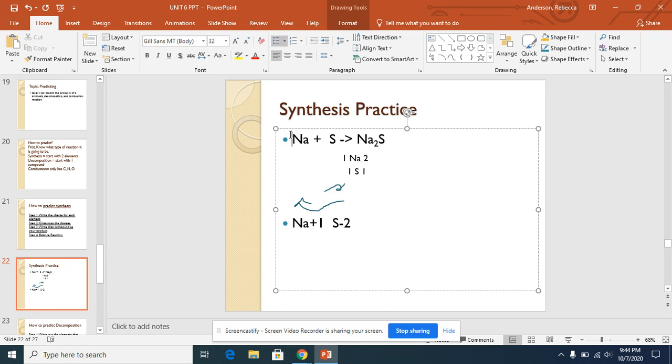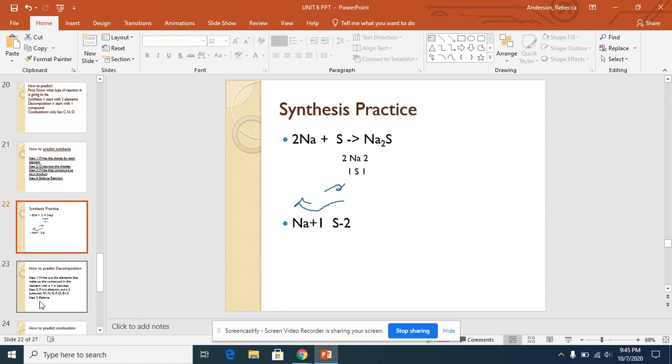So we'll put a 2 in the front. Now, that'll make the Na2, and everything else is still balanced. Now, you don't have numbers in front of the other compounds. If you want to, you can put a number 1, or you can just leave it as it is. So this is how you predict synthesis compounds.